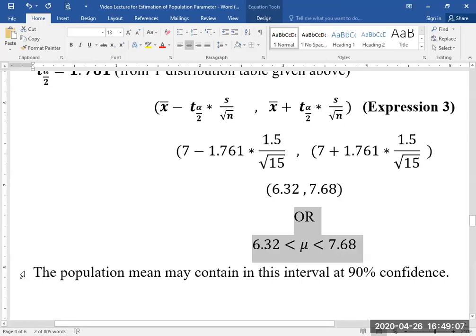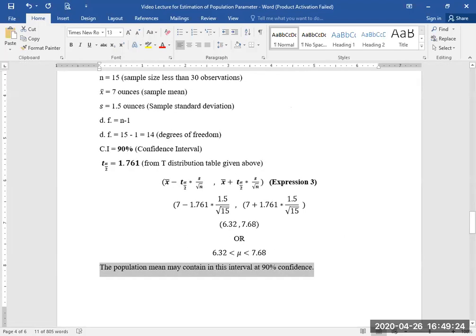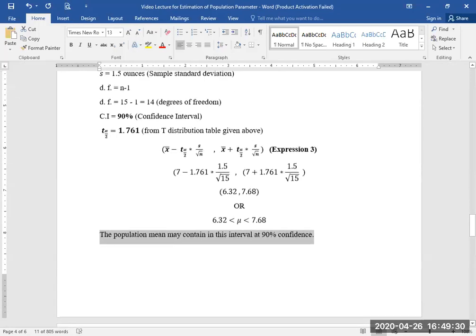Interpreting the result, the population mean may be contained in this interval at 90% confidence. Students, we are 90% confident that the mean of the population is likely to be contained in this interval.